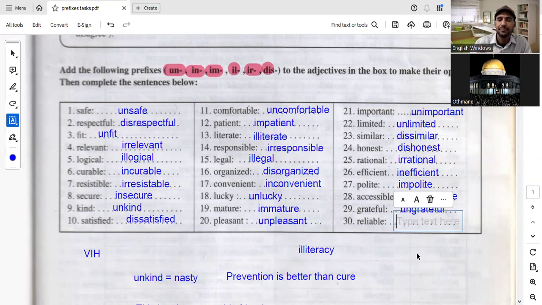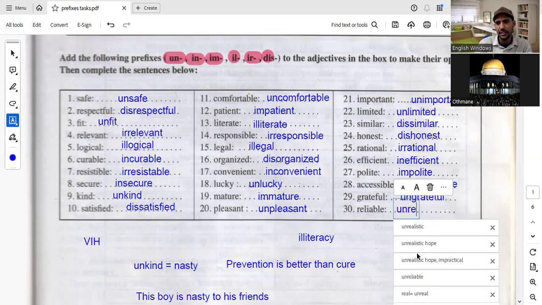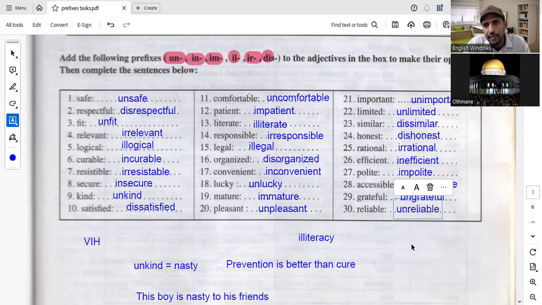Reliable. Not really. I think it's a very simple one. Unreliable, I think, right? Yes, unreliable. You add UN. What does reliable mean? I don't know. iPhone is a reliable mobile phone.